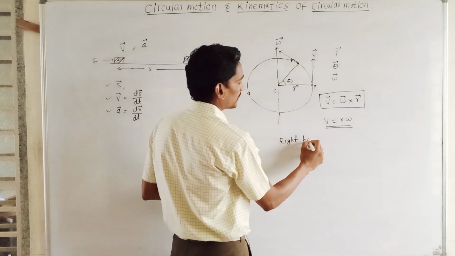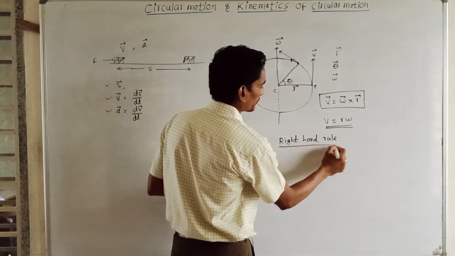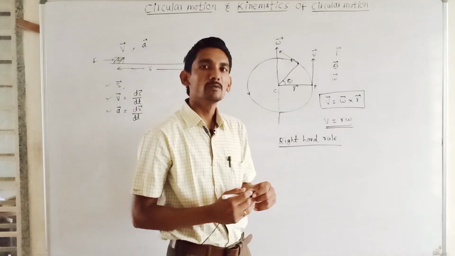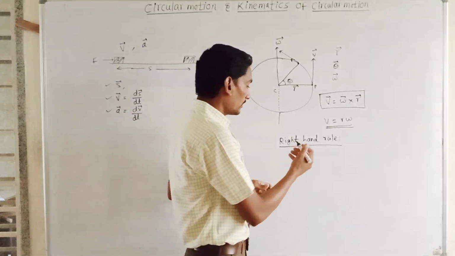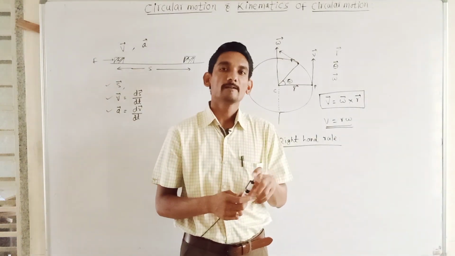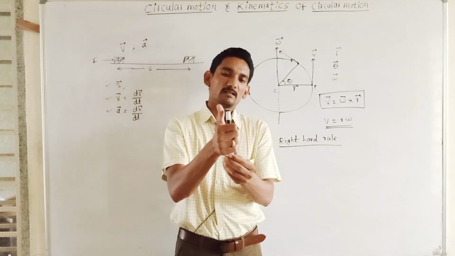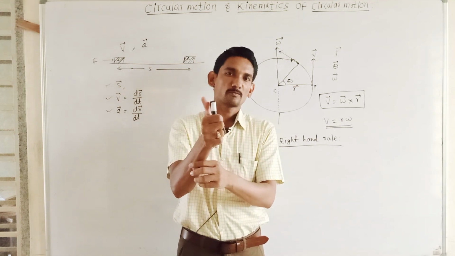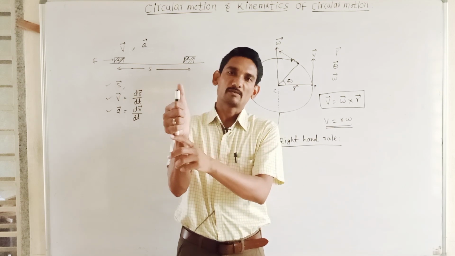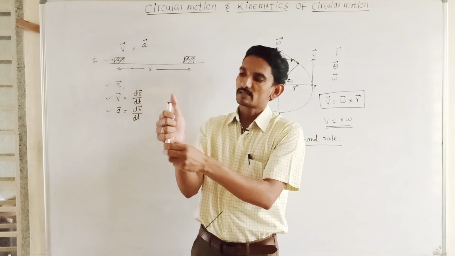That is the right hand rule, or we can say the right hand thumb rule. So what is the statement for the right hand thumb rule? If we curl the fingers of our right hand around the axis of rotation, and stretch our thumb in this direction, this is the outstretched thumb.